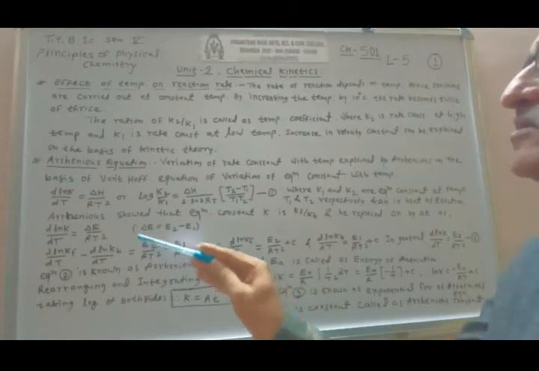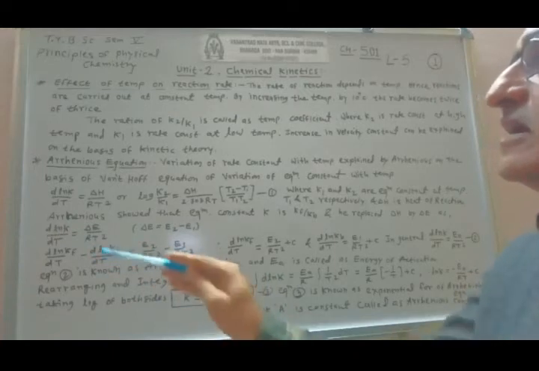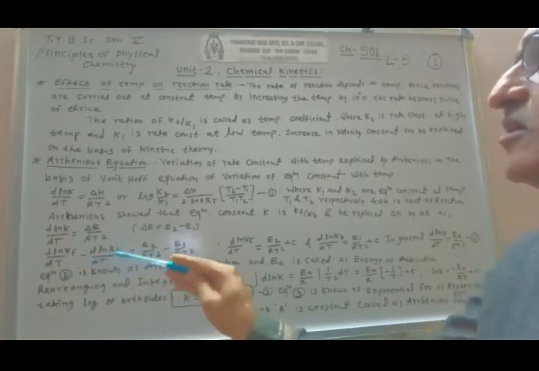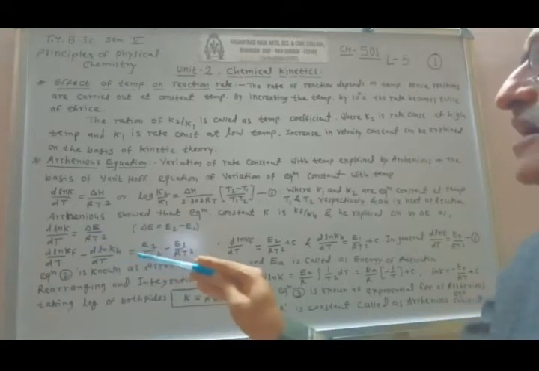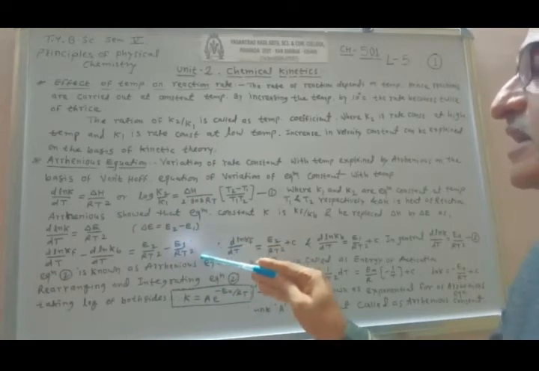Now this equation can be written as d ln Kf by dT minus d ln Kb by dT equals E2 upon RT square minus E1 upon RT square.